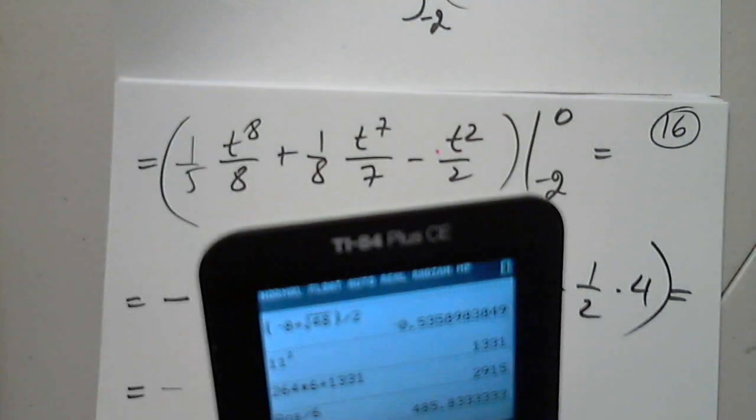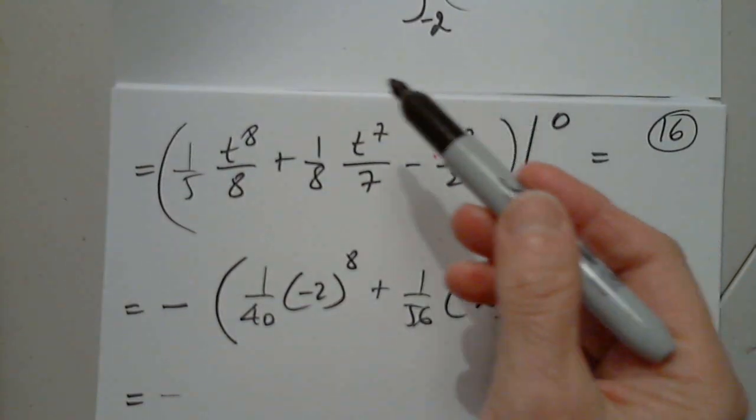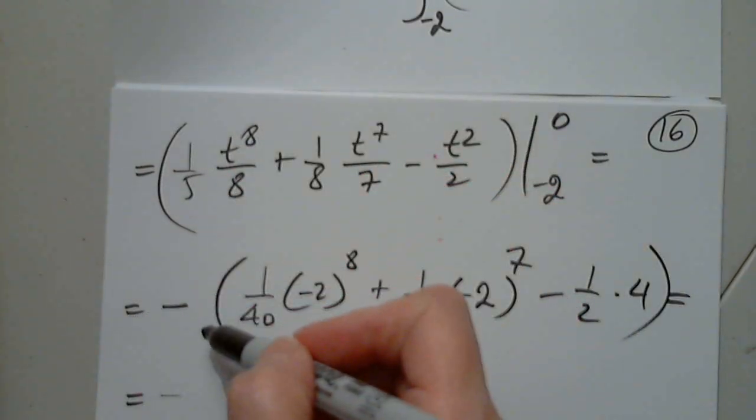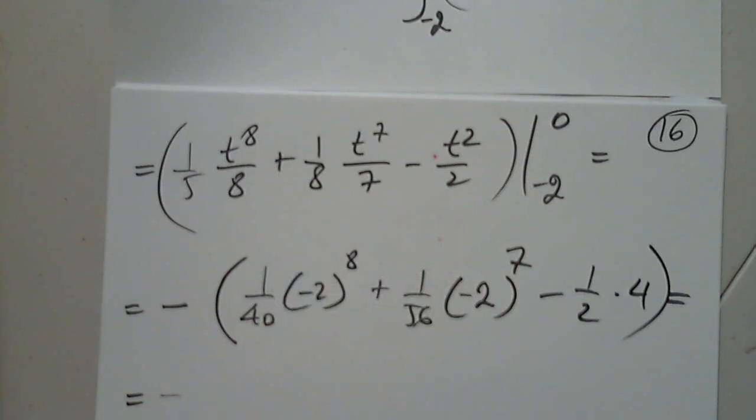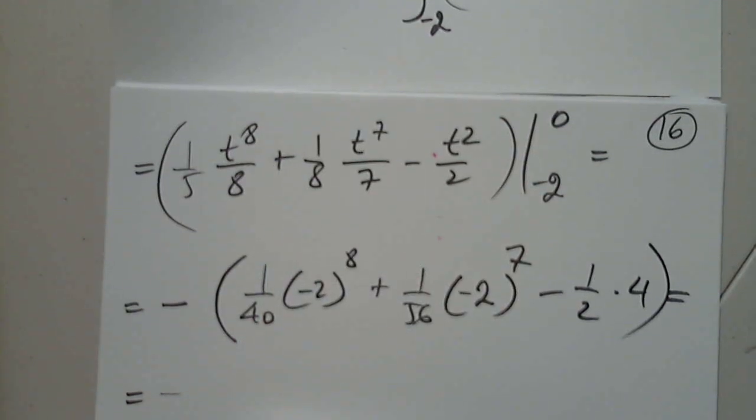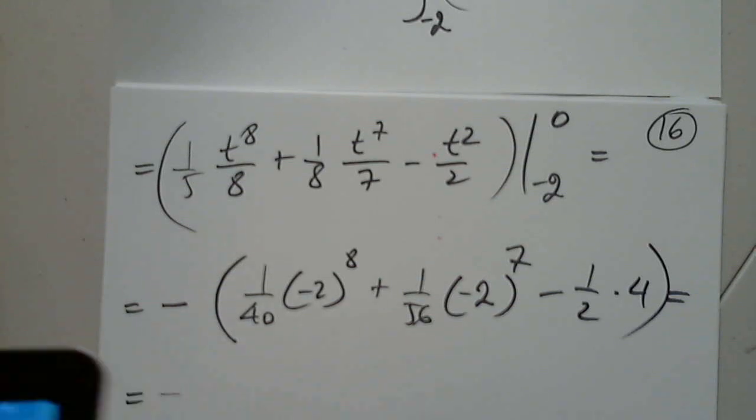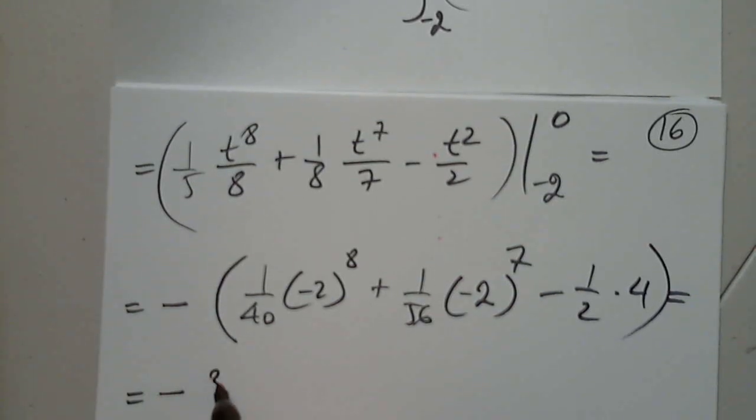Why did you put the minus out front? When I plug in 0, I get 0, minus when I plug in -2. So 256 divided by 40, so 32 over 5.